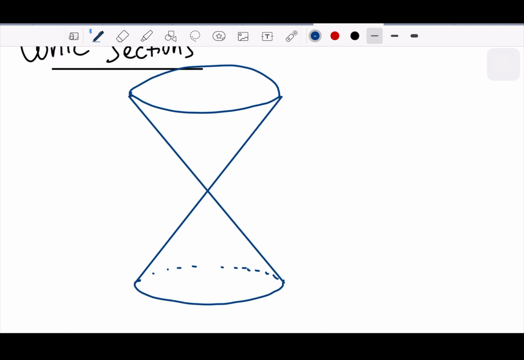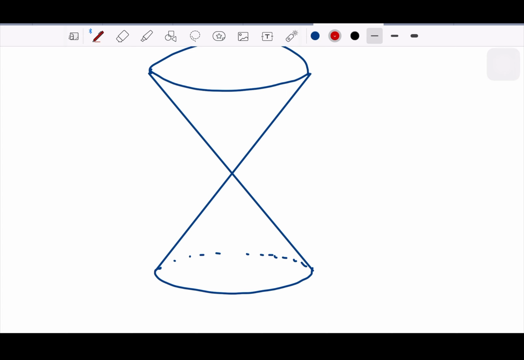If we slice horizontally, you will see a circle in the cross section, right? But if we adjust the slice, maybe tilted a little bit, maybe having some slope like this, so we slice along the slope, can you imagine? It will have some shape like that, and this is what we call an ellipse, right?